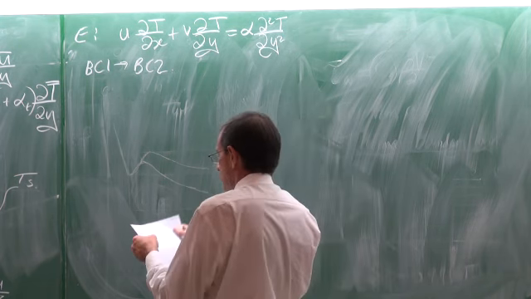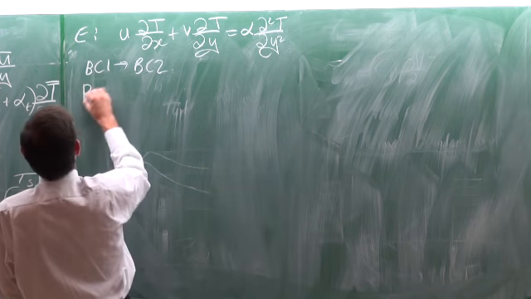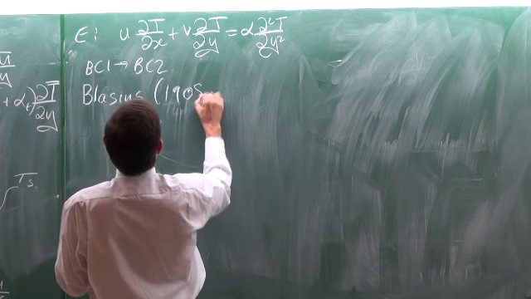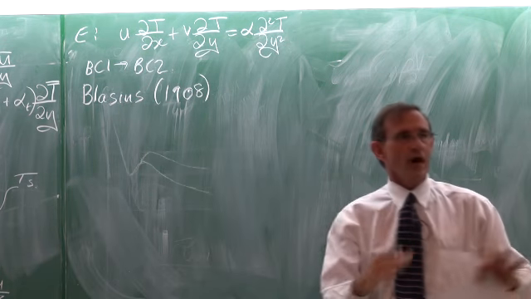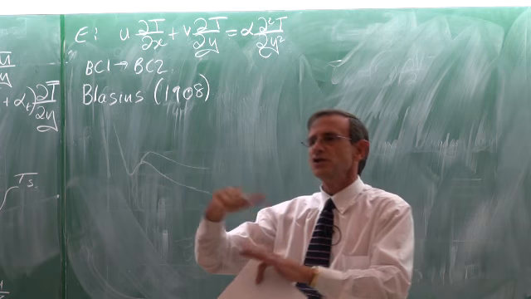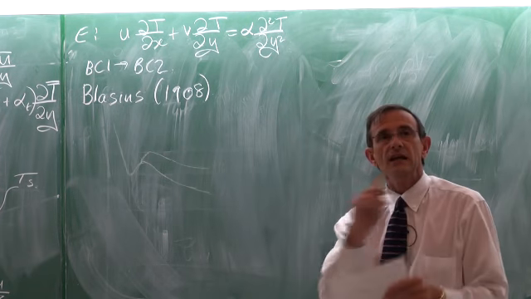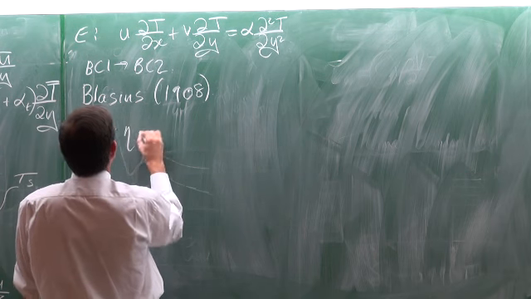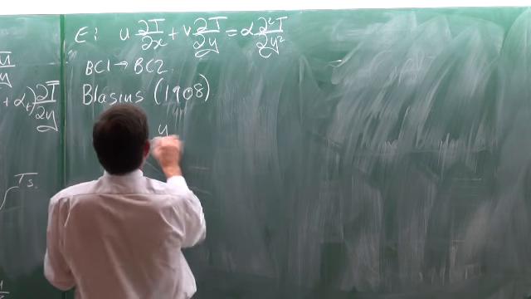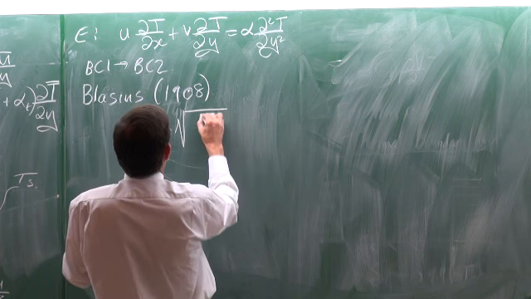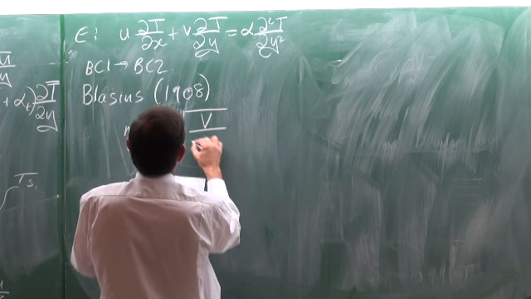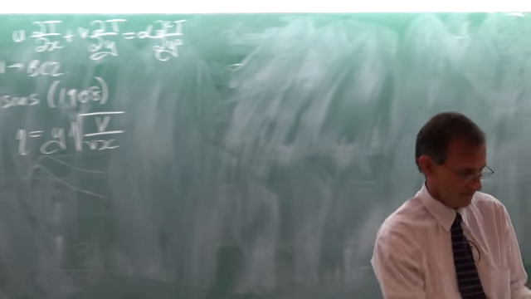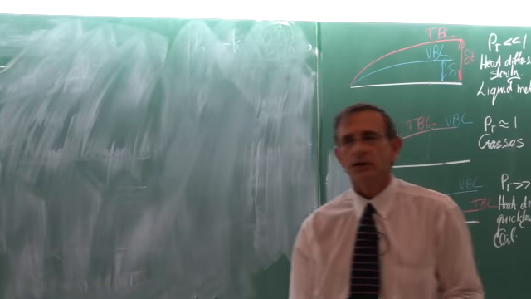Now, what Blasius did, in 1908, I don't know how, but also through measurements, looking at the results, he came out with defining this similarity variable eta, which is equal to y multiplied by the square root of the velocity divided by the kinematic viscosity times x.